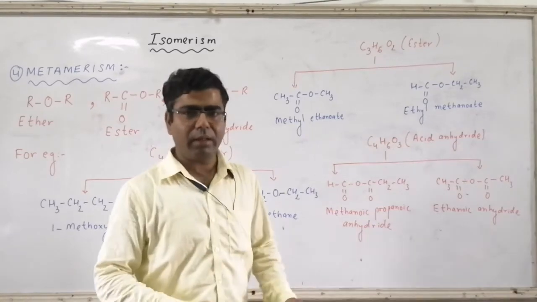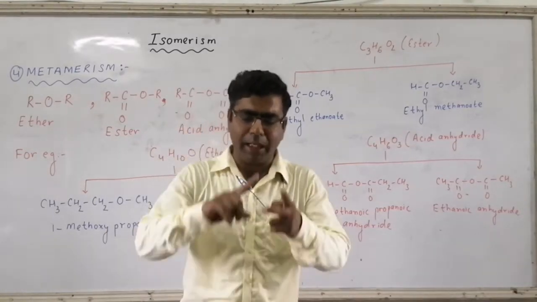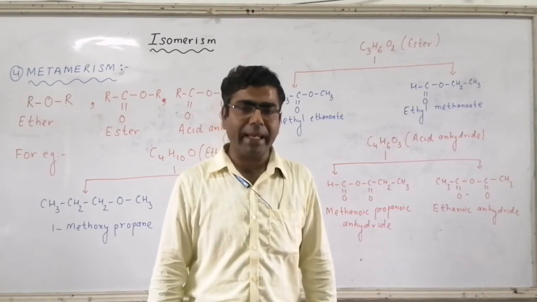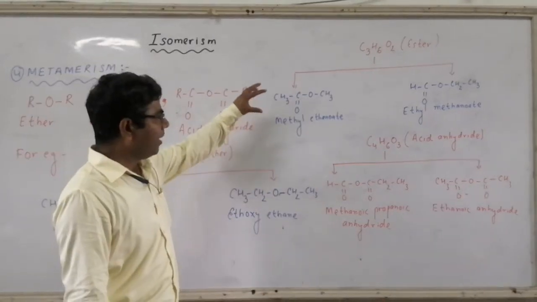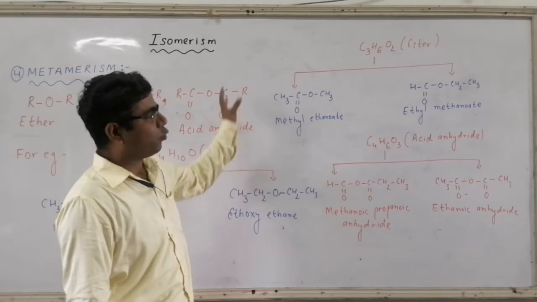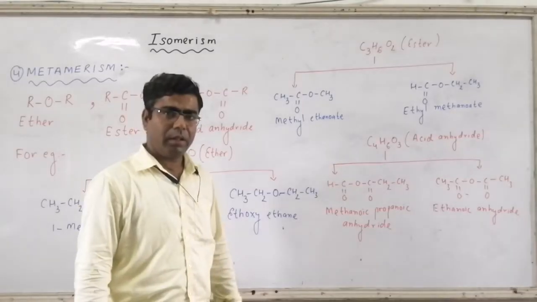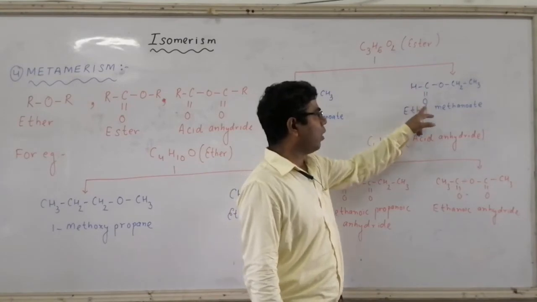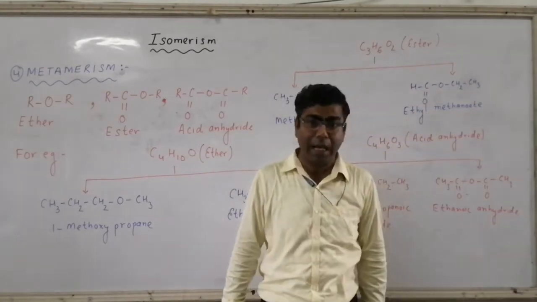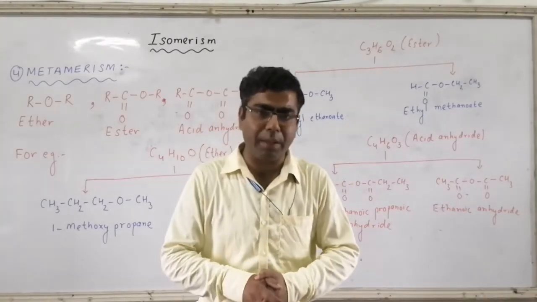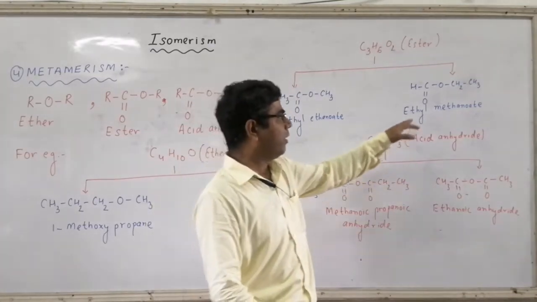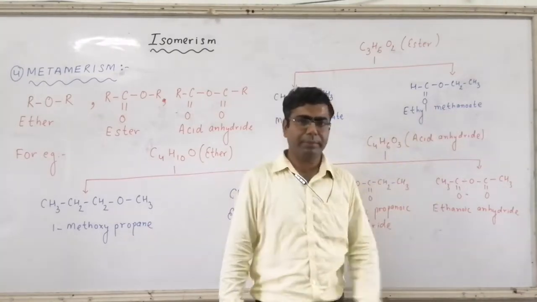Alkyl part is having 1 carbon atom and alkanoate part is having 2 carbon atom. Now what I can do? I can shift 1 carbon atom from left hand side to right hand side. As a result, I will get the structure as HC double bond O, CH2 and CH3. Now the alkyl part contains 2 carbon atom while the alkanoate part contains 1 carbon atom, and the compound is named as ethyl methanoate.